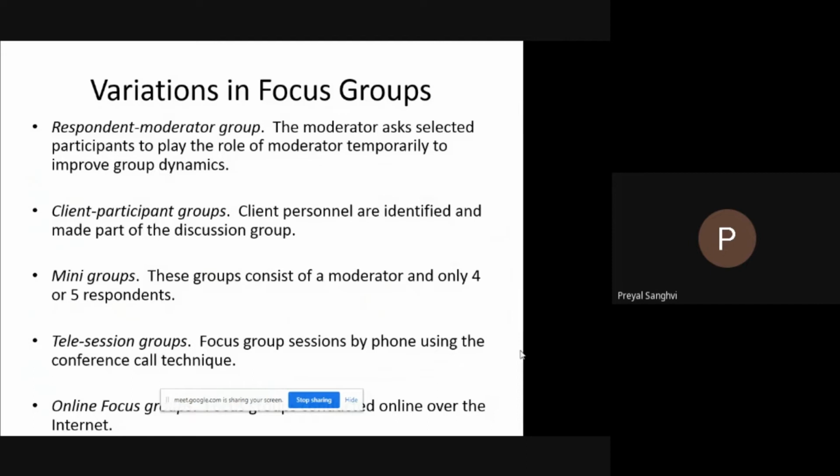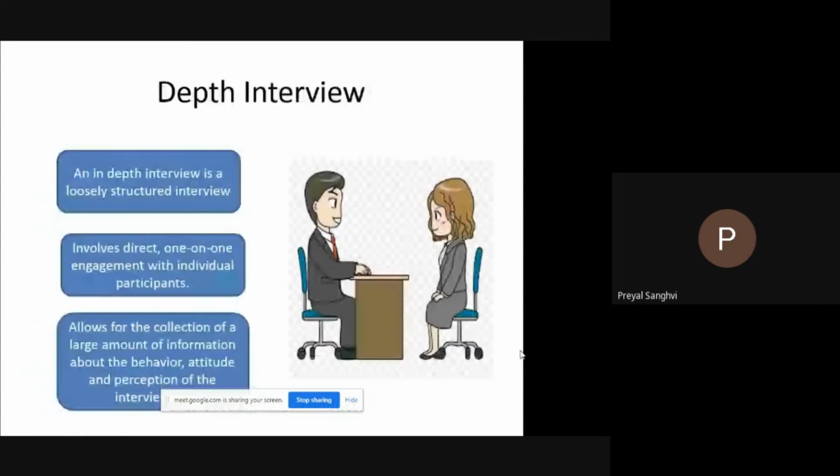In telesession group, the discussion is through the telephone. And the last one is the online focus group, where the discussion is through the internet. So up to this, we have discussed what a focus group is, its characteristics, and the different types of focus group.